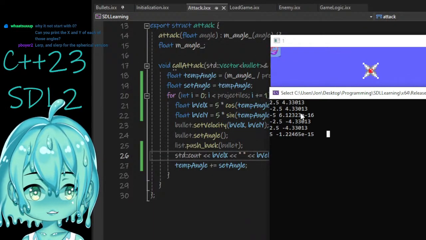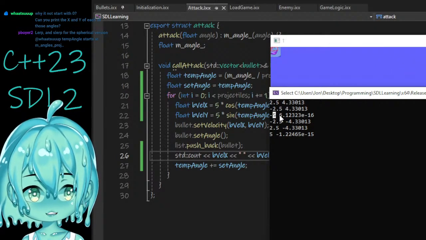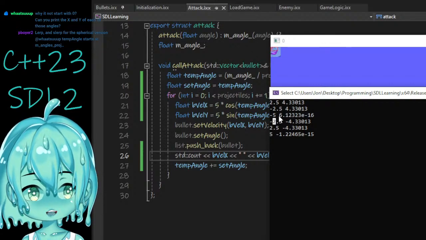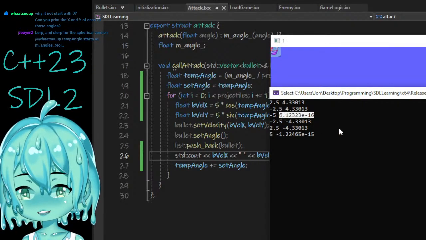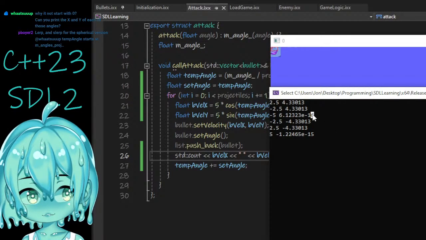So here we have 2.5, 4.33, negative 2.5, 4.33, negative 5, scientific notation. You know what that tells me? That's 180 degrees. There's like some error here.